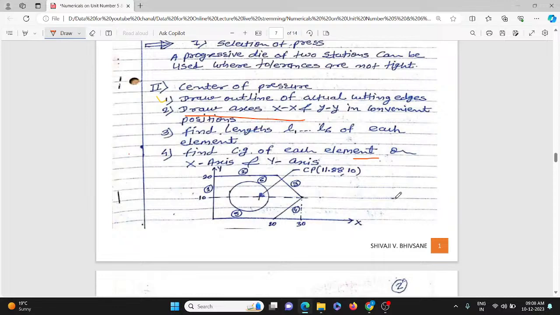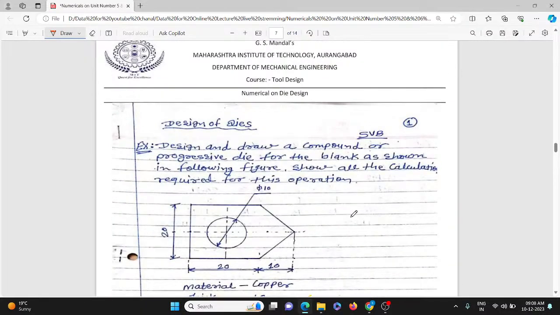First of all, whatever the component is, this particular component will be divided into line segments according to the outlines on which the cutting is required to be done.